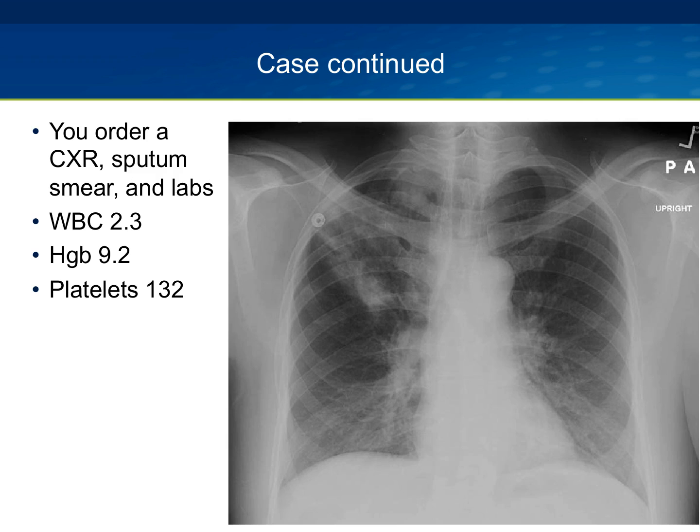The chest x-ray is shown in front of you. It's remarkable for some opacification in the right upper lung field and perhaps some opacification in the right lower or middle lung fields as well. His white count is low at 2.3. Hemoglobin is slightly low as well, as are the platelets.